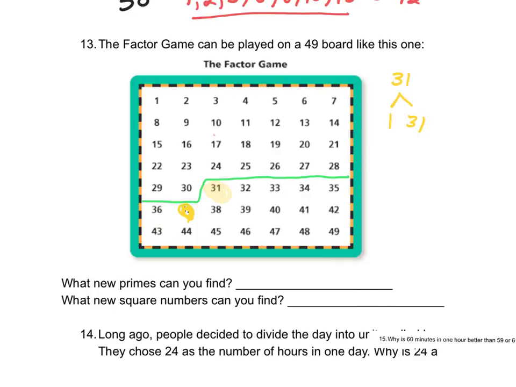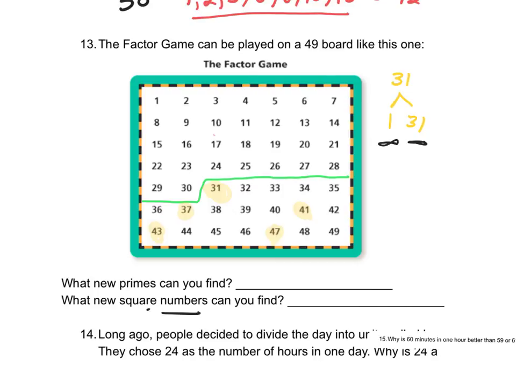Oops, I wanted my highlighter there. So 37 would be prime. 41 would be prime. 43 would be prime, and 47 would be prime. Those numbers only have 1 and themselves for factors.